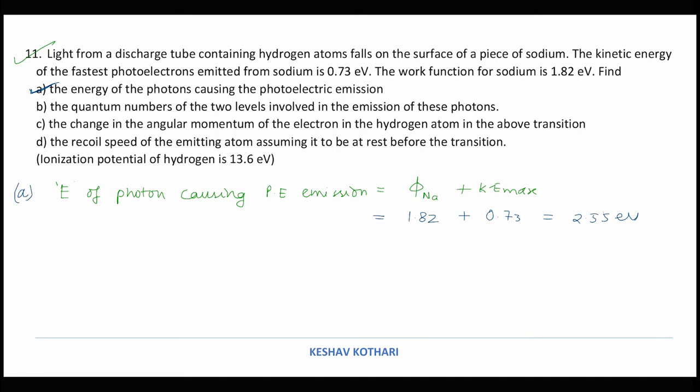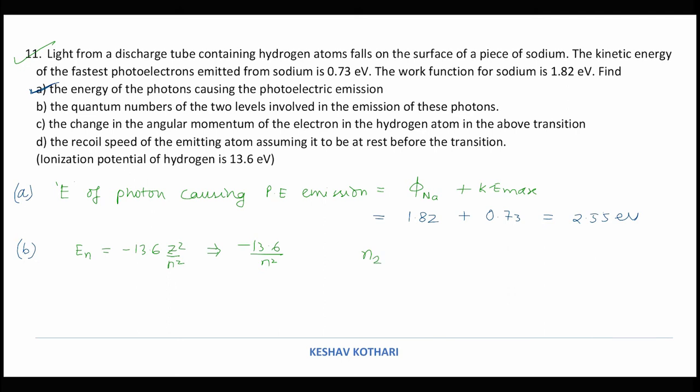Now the next part is asking for the quantum numbers of the two levels involved in the emission of these photons. We begin by writing that for the hydrogen atom the total energy can be written as minus 13.6 Z square by n square. Since a hydrogen atom is involved, we write it as minus 13.6 by n square. Now let the electron jump from n2 to n1.